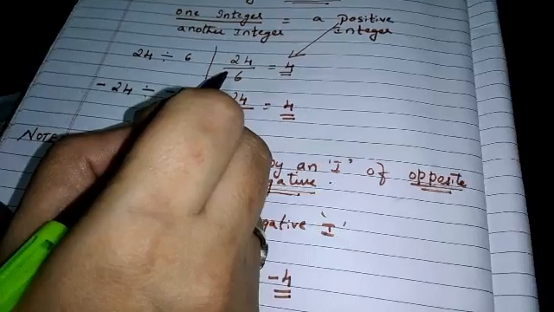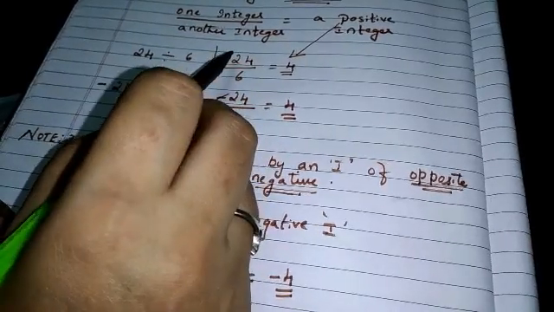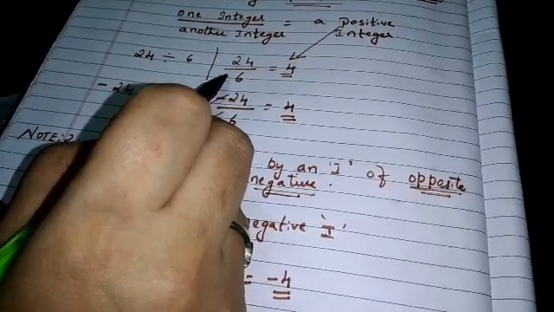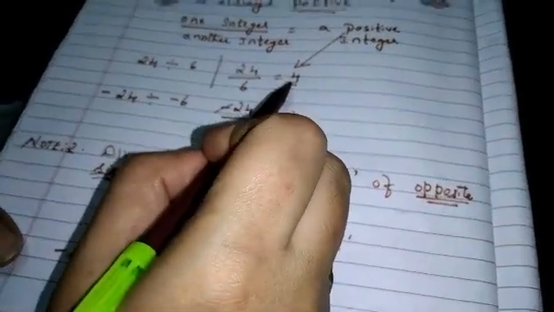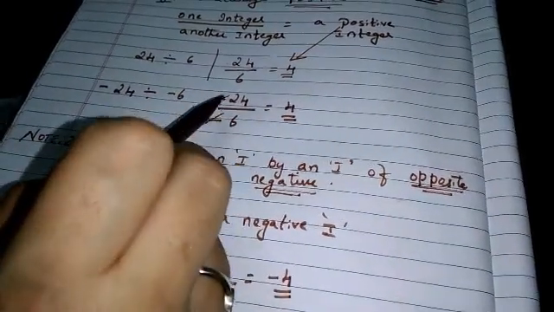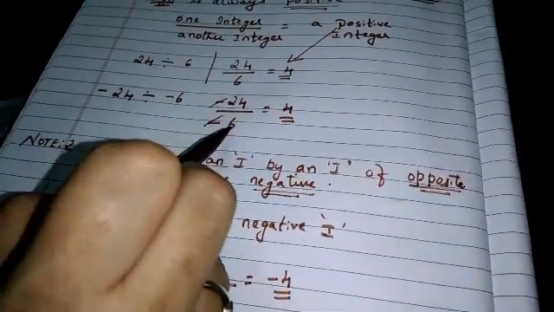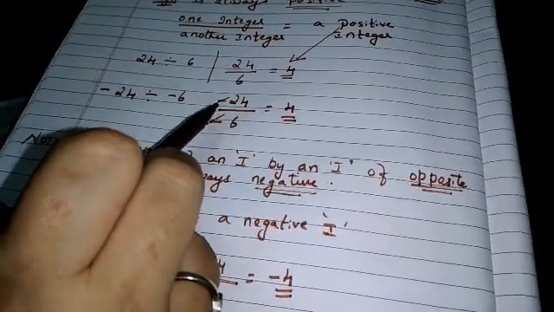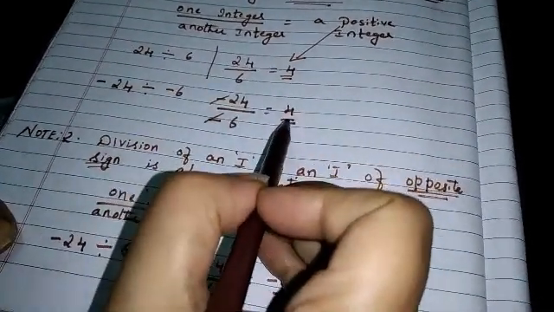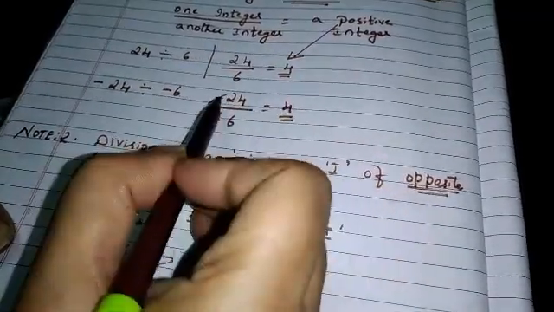What did we see earlier? We saw that both were positive integers, the numerator as well as the denominator, and the result was a positive integer. In the second example, the numerator and the denominator carried the same negative signs, but still we got a positive integer.